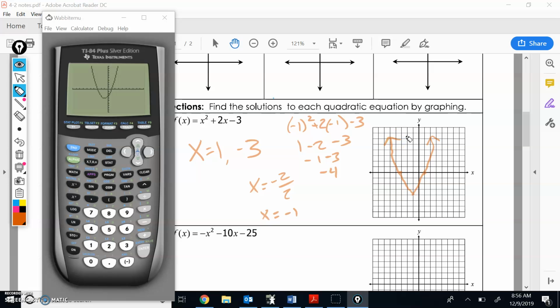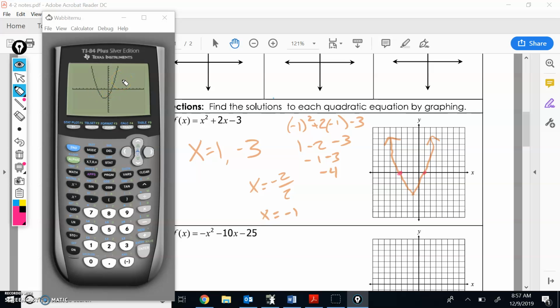Again, doing my best to try to make that as smooth of a curve as possible. And again, you could see that here are the solutions.